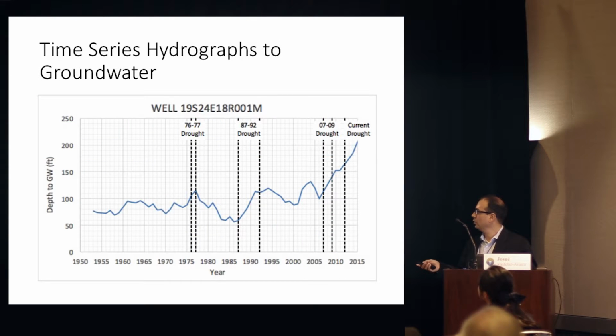So we constructed a hydrograph like this, and here we conveniently put the years that are dry years, and this is the current drought. You can see this 6 million acre-foot in the entire Central Valley kick in here as well.